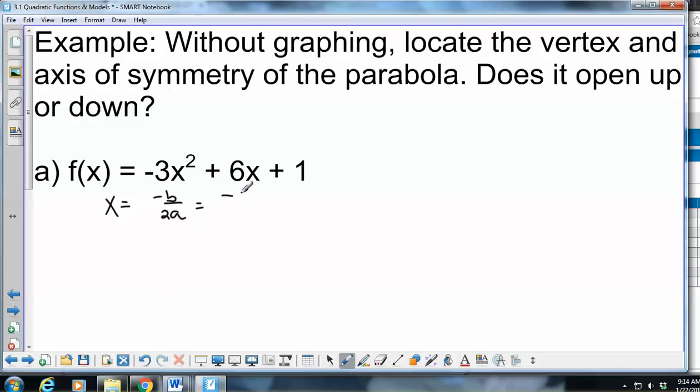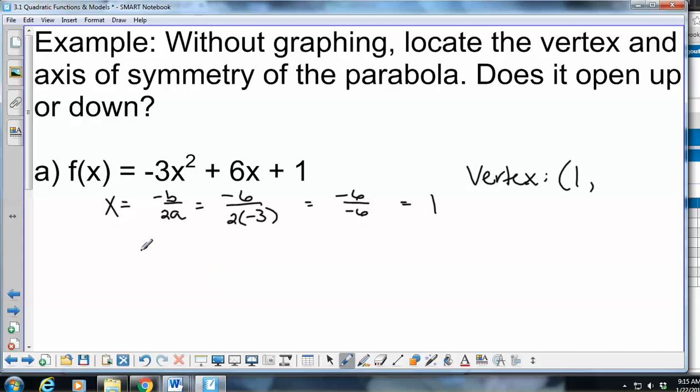What is my b value? 6 over 2 times what's my a? Negative 3. So you get negative 6 over negative 6, which is 1. So in my vertex, 1 is the first value.